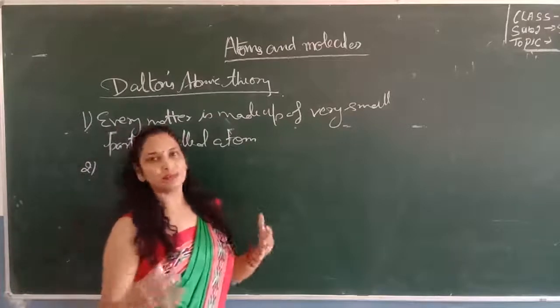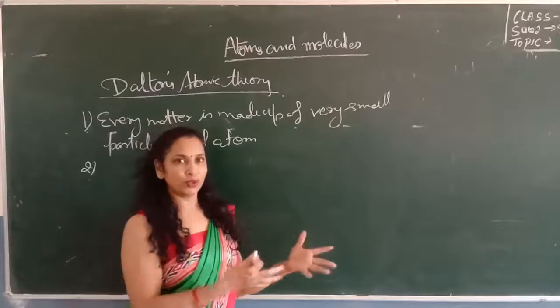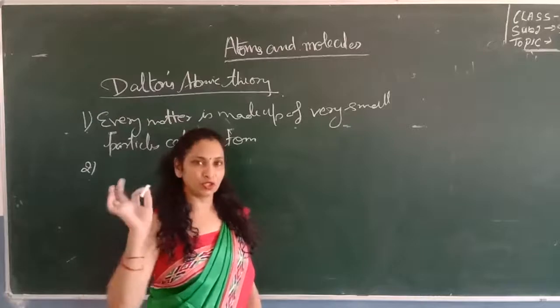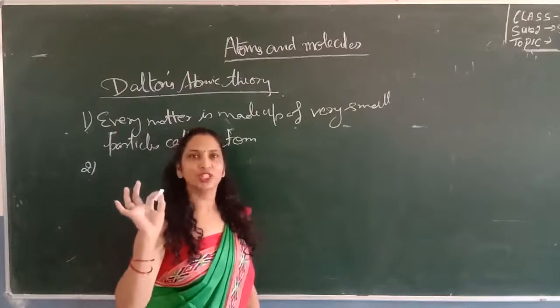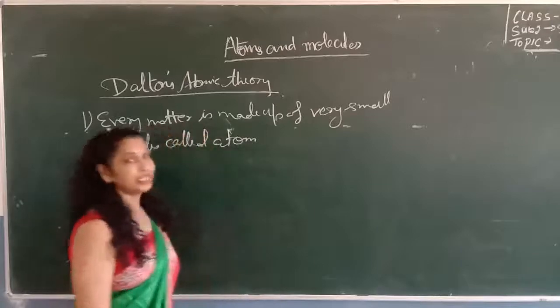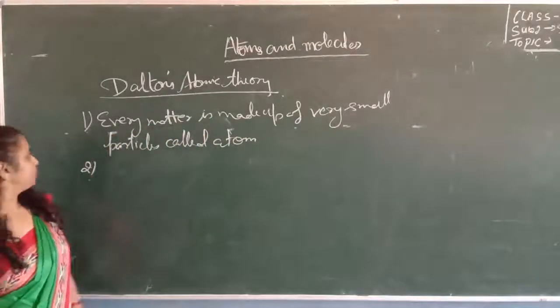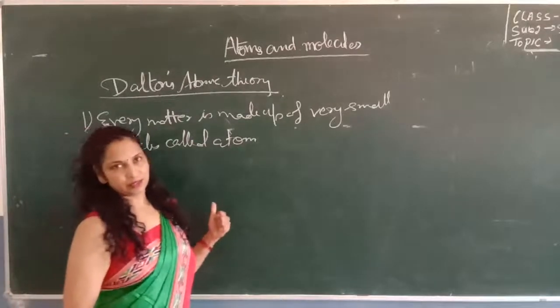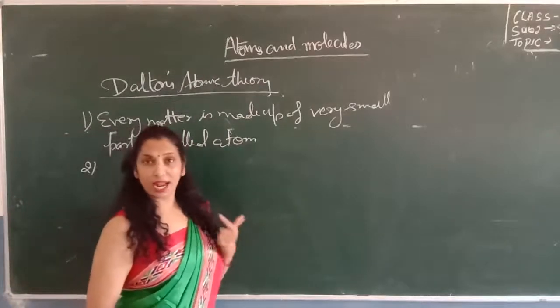Now we know that atoms combine with each other to form a molecule or a compound, and this chalk is actually calcium carbonate, CaCO3. We will study lots of formulas in this chapter.